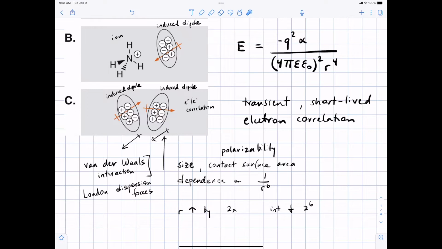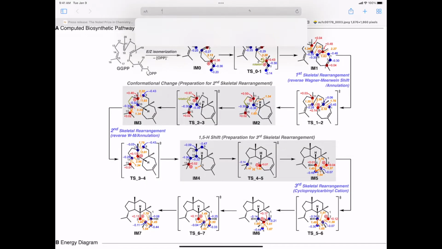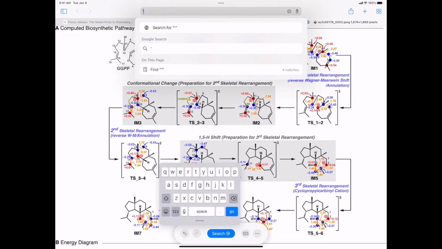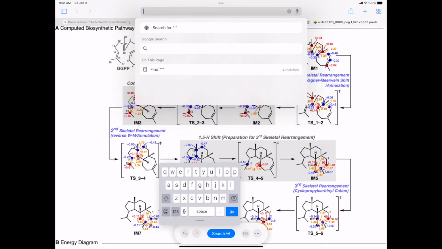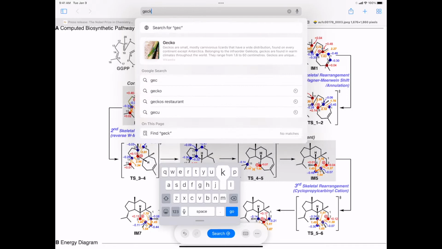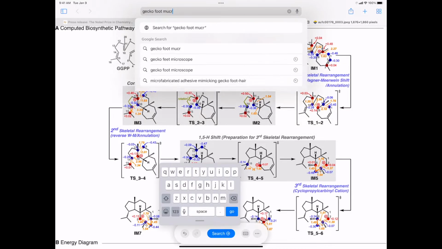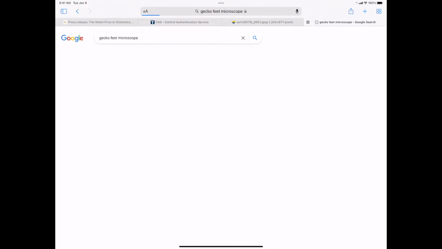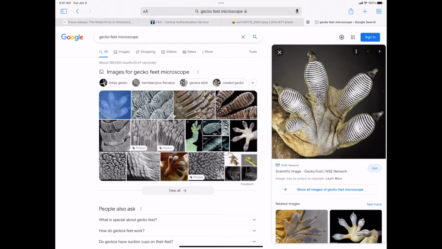If you look in, well, should we look it up maybe? Let's search for gecko foot microscope. All right, so we've got lots of fun images here.